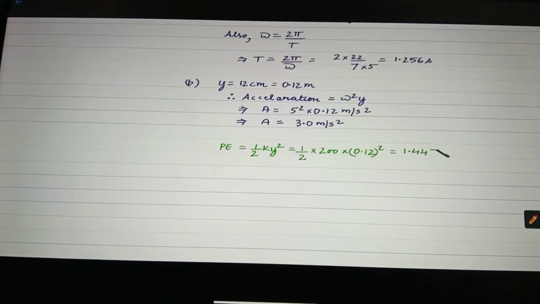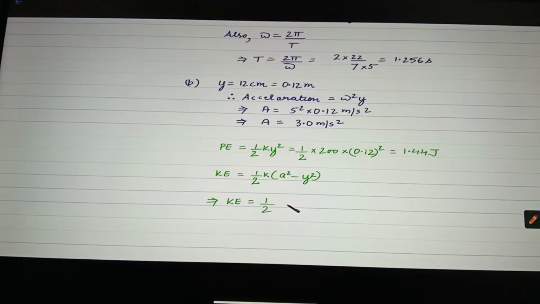1.44 joules, and kinetic energy is given by the formula 1 by 2 K, inside the bracket we have (a square minus y square). This implies kinetic energy is equal to 1 by 2.